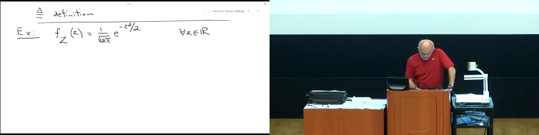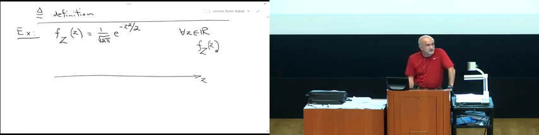It's a normal distribution. Notice it's an even function. It's even in z. It peaks where? Where is the peak of this function? Everybody. 0. And then as I go toward infinity or minus infinity, doesn't matter which direction I go, it's an even function.